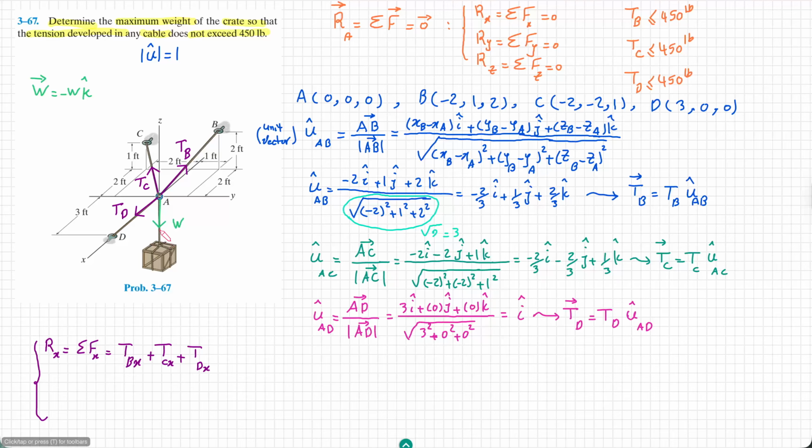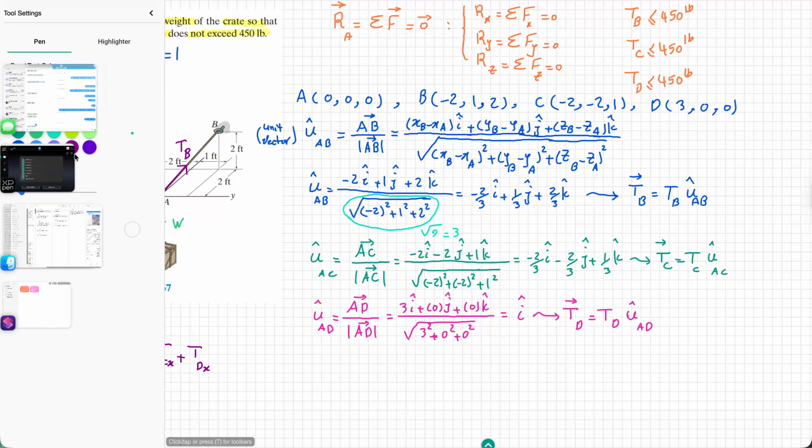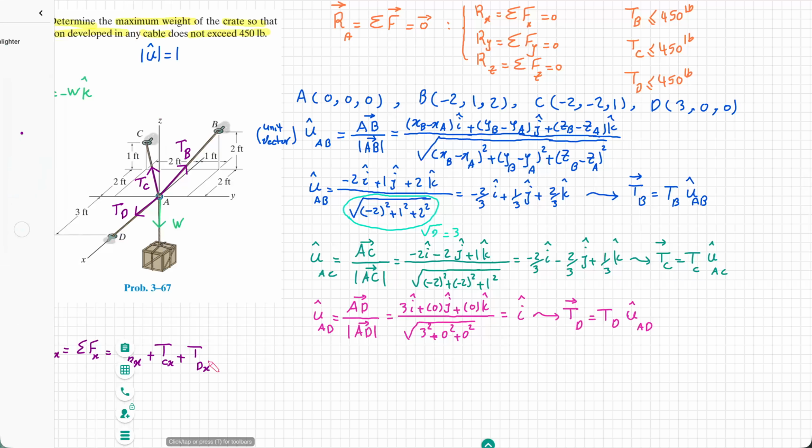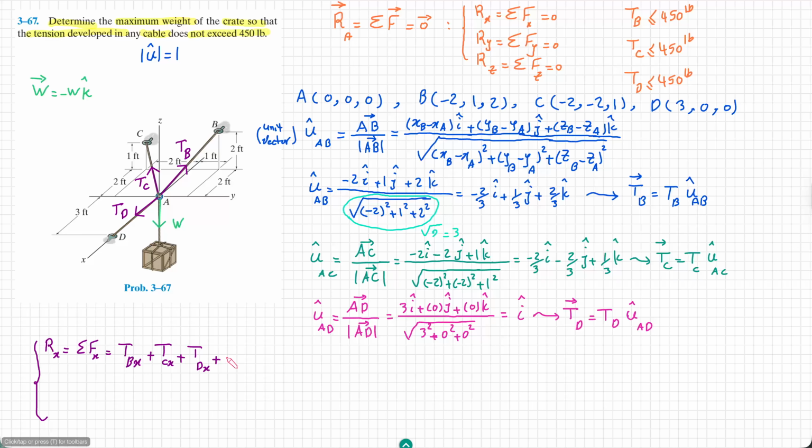Why? Because W is downward, in the negative direction of z, and if we assume this magnitude is W, I simply write this. So generally I have to write WX, the x component of this, and all of this must be 0.